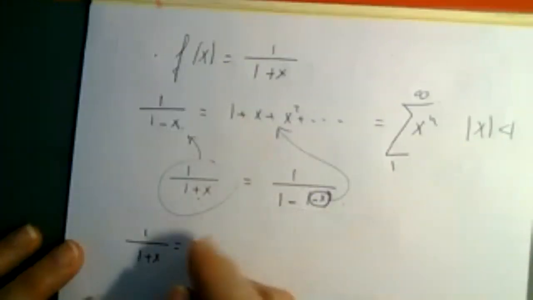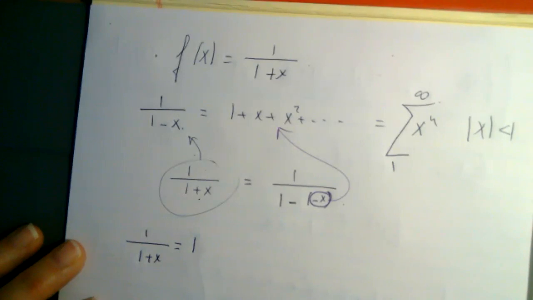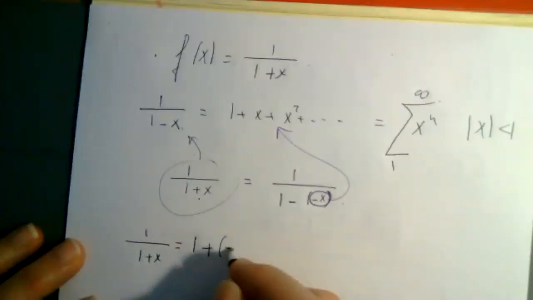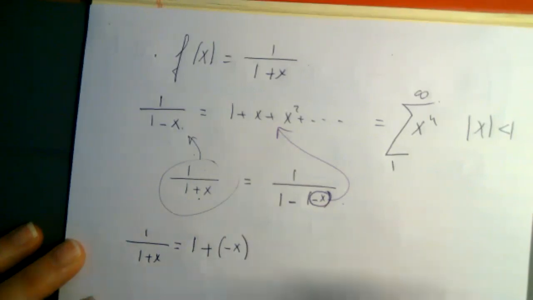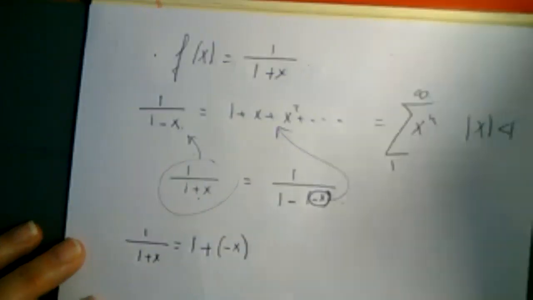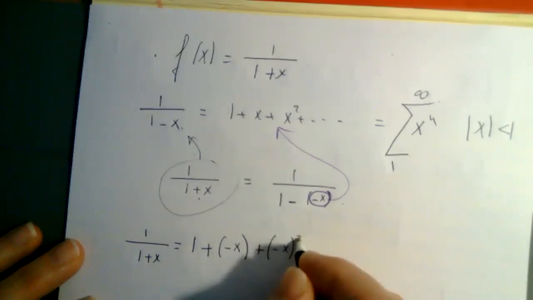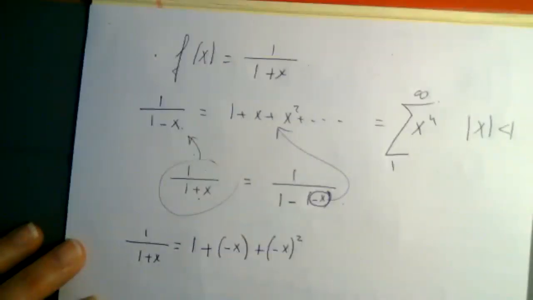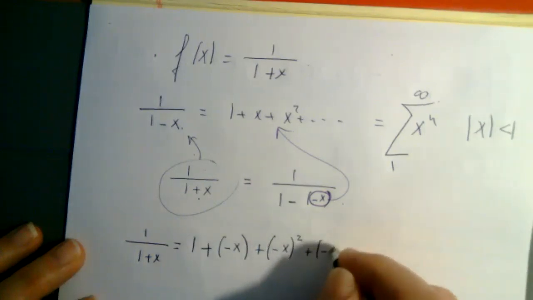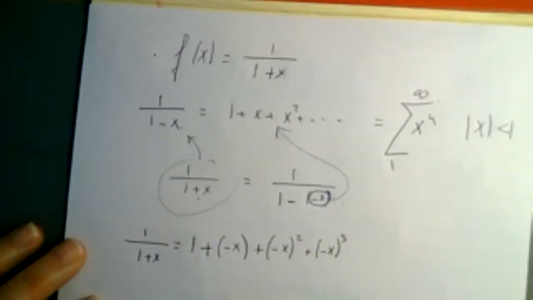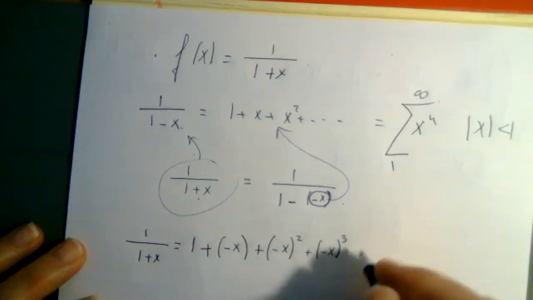So it's going to be equal to 1 plus, everywhere I have x, that's going to become minus x. Everywhere I have x, this is going to be minus x squared. Everywhere I have x, it's going to be that. So I'm going to substitute minus x.